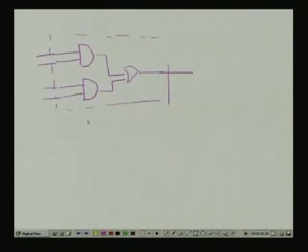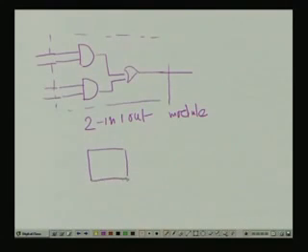Okay. So, 2 in and 1 out module. This is one module. Now, instead of designing these smaller modules every time, what can we do? We can design and test it, and make it one module which has 2 inputs and 1 output, and this is the function, say F1. I am saying this is one subsystem, one module.